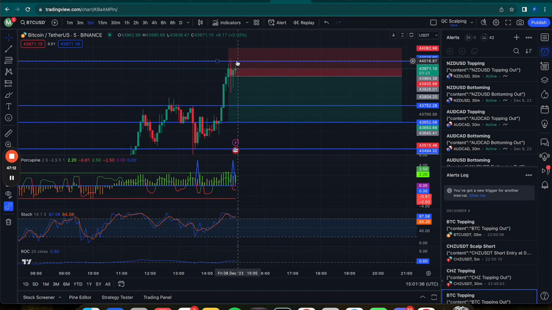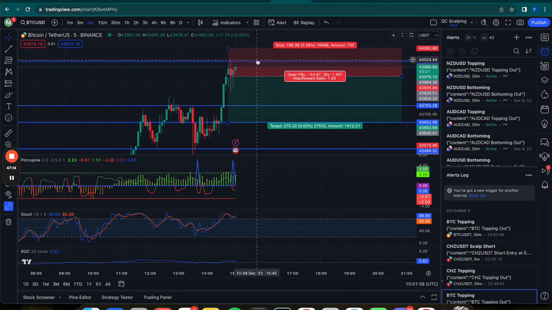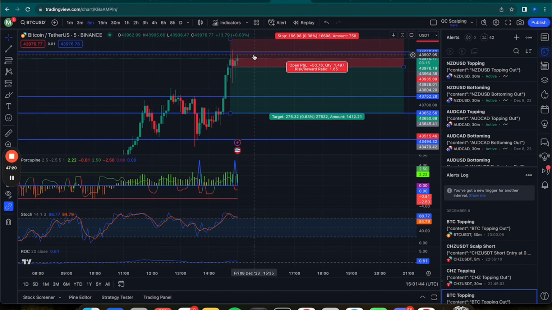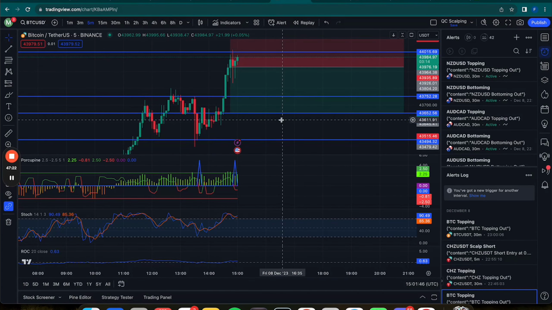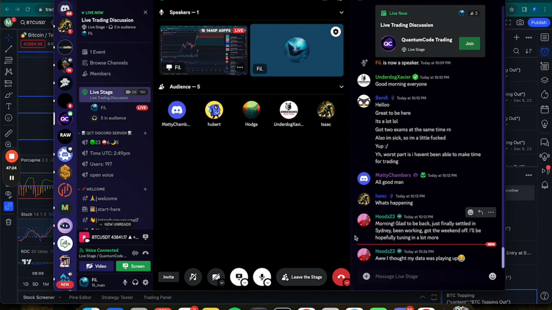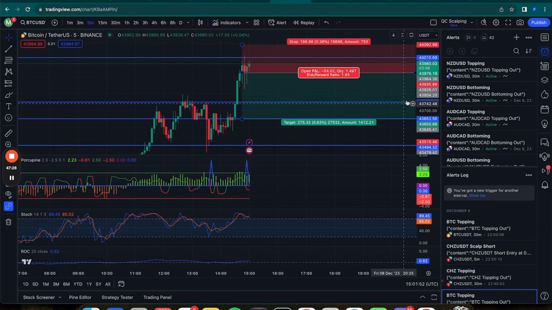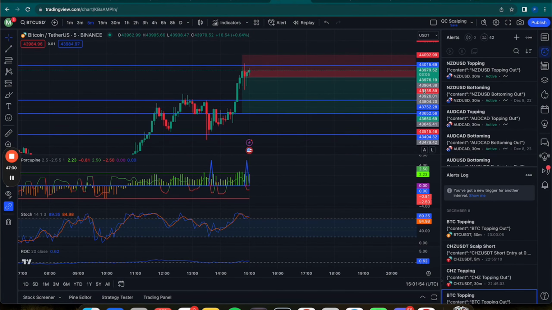And really, the more we get our entry to the top of the range, the better it is for us. And then as the move breaks down, we're going to be doing better all along. So the entry is important.